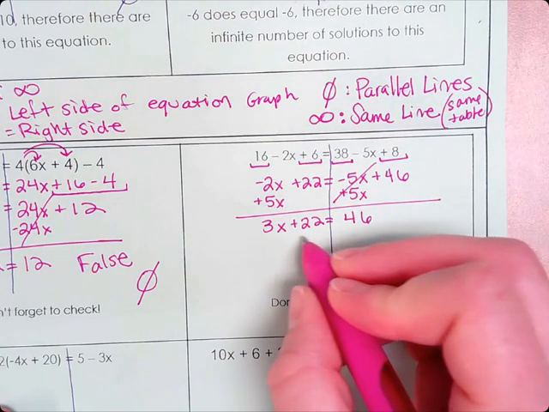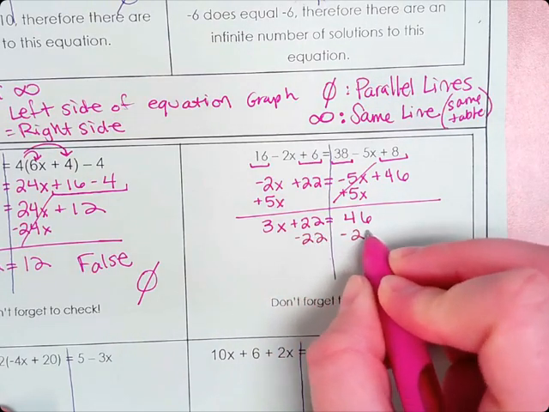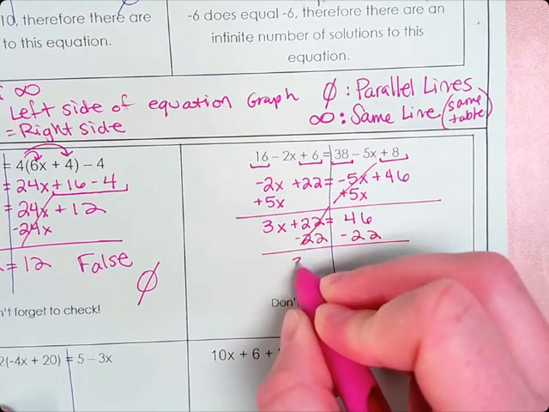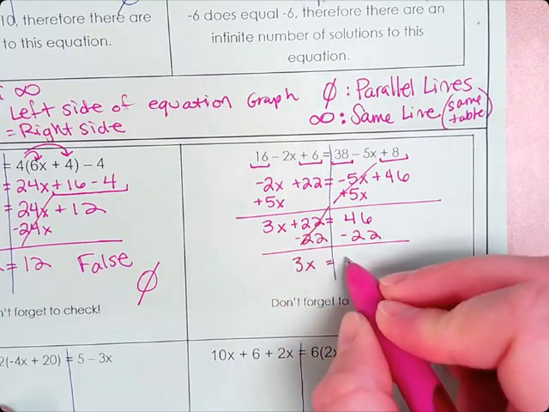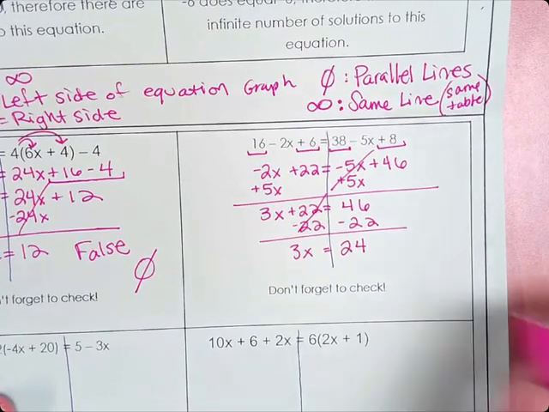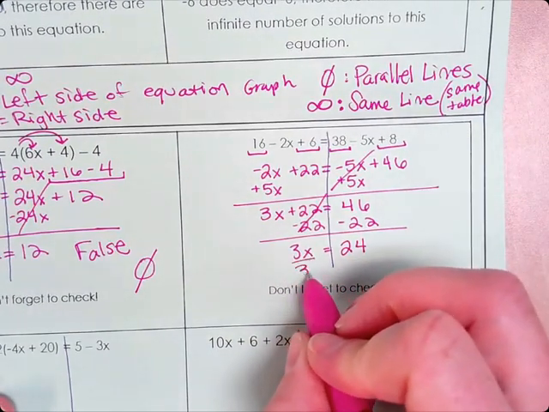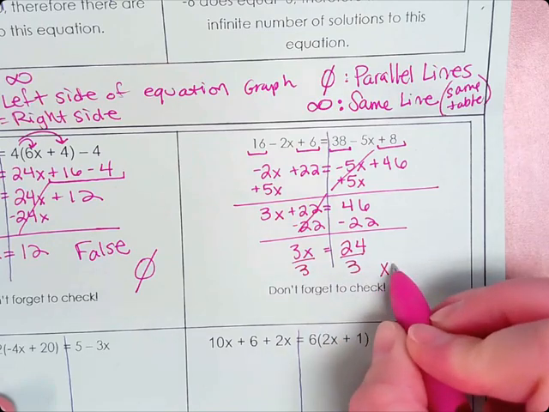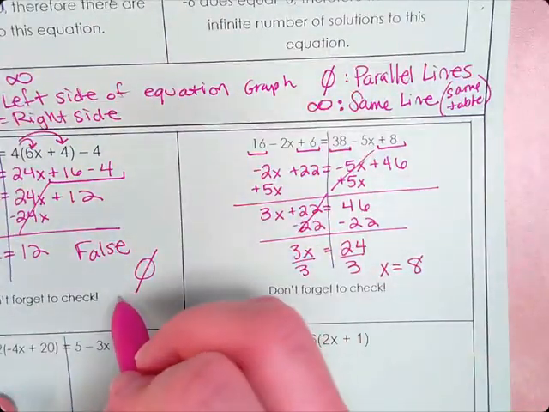So now I'm just following the steps. Minus 22. 3x equals 24. Divide by 3. x equals 8.